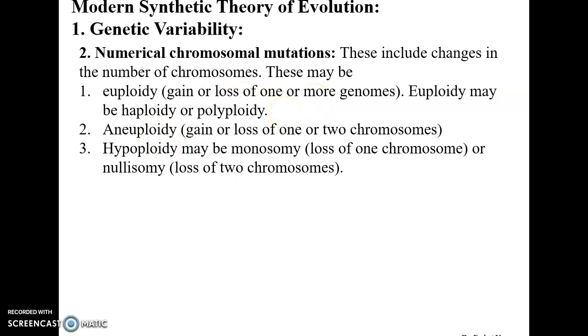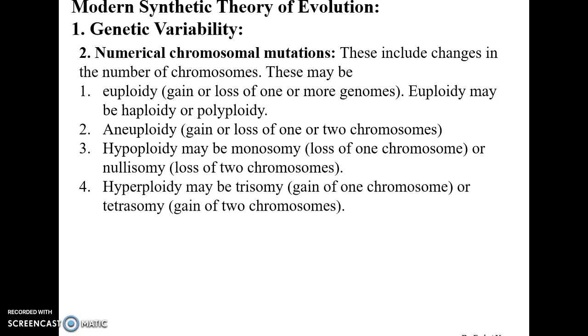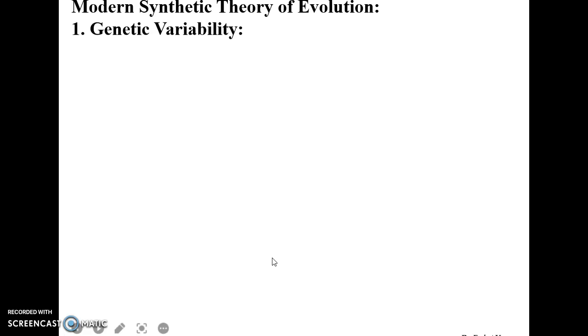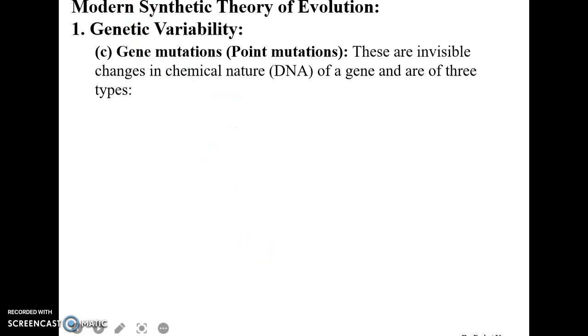Aneuploidy is the loss or gain of one or two chromosomes, and hypoploidy may be monosomy, loss of one chromosome, or nullisomy, loss of two chromosomes. Hyperploidy is also included, which may be trisomy, gain of one chromosome, or tetrasomy, the gain of two chromosomes.